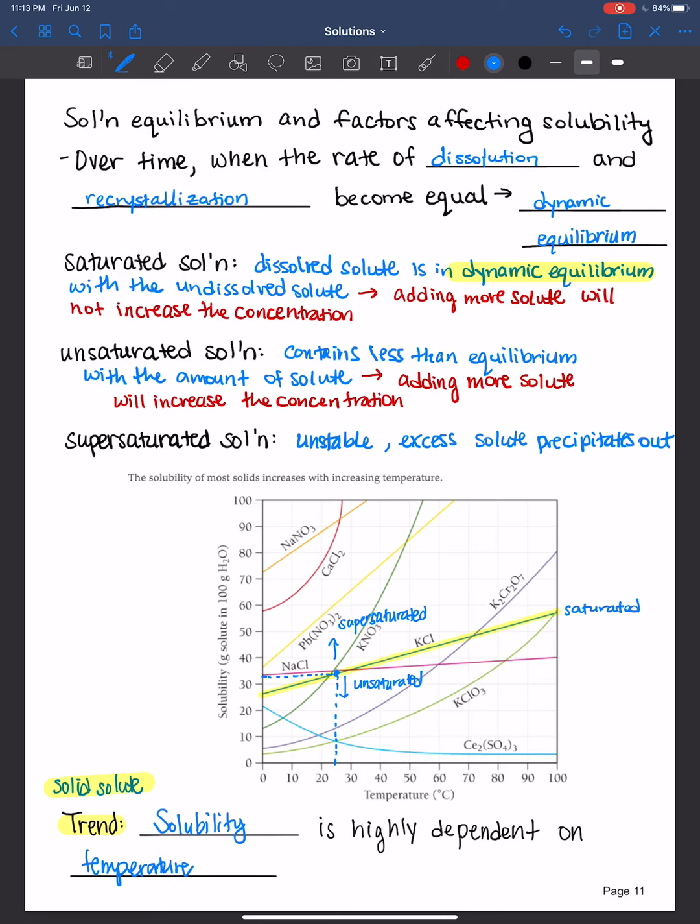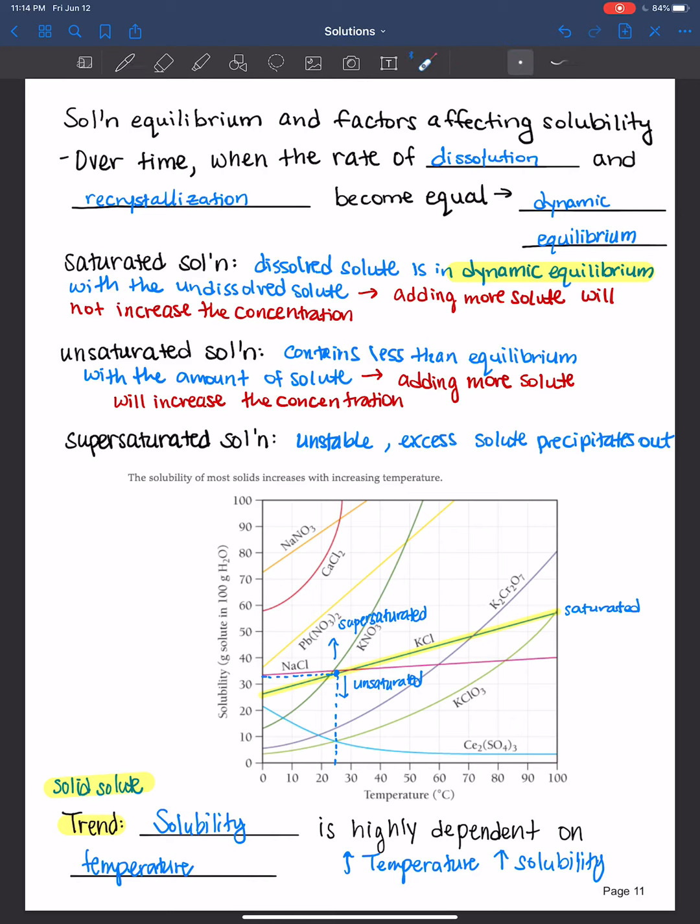Once again, I hope this makes intuitive sense. You can think of my coffee analogy to help you remember that when we increase temperature, we increase solubility of the solid solute in an aqueous solution, in water as a solvent.